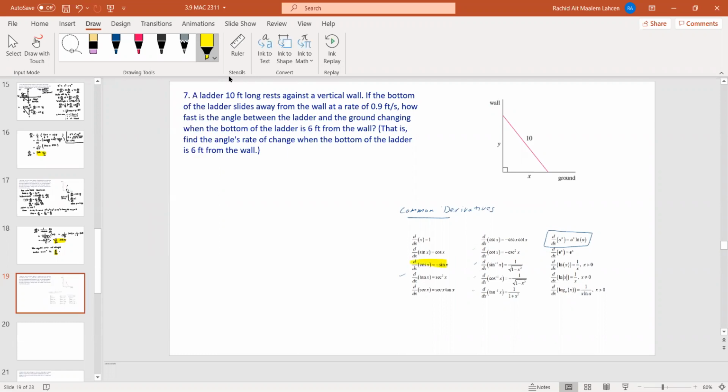Yeah, these are the common derivatives we use. So we may have to use cotangent later on. Derivative, it's here. And of course, if you need to use the tangent, derivative is there. So this is done.